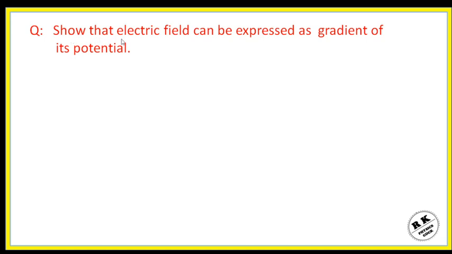In that case, the question will be, show that the electric field can be expressed as negative gradient. Remember that if this question is asked independently, it will be in the form negative gradient of potential. Here we are discussing it as a consequence of this conservative and irrotational nature of the electric field.